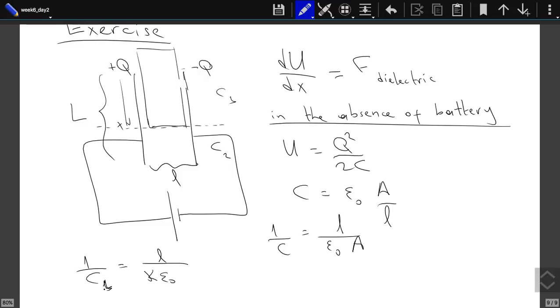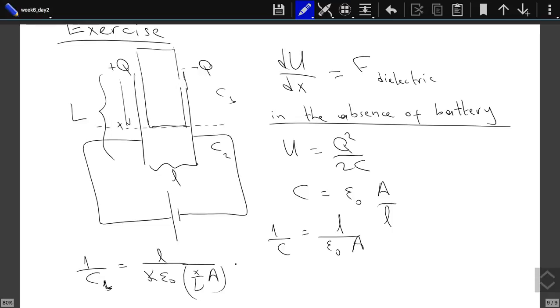Of course, we have to calculate the area of that part, but the area of that part is just proportional to x: x over L times A. This fraction of the total area is covered with a dielectric.